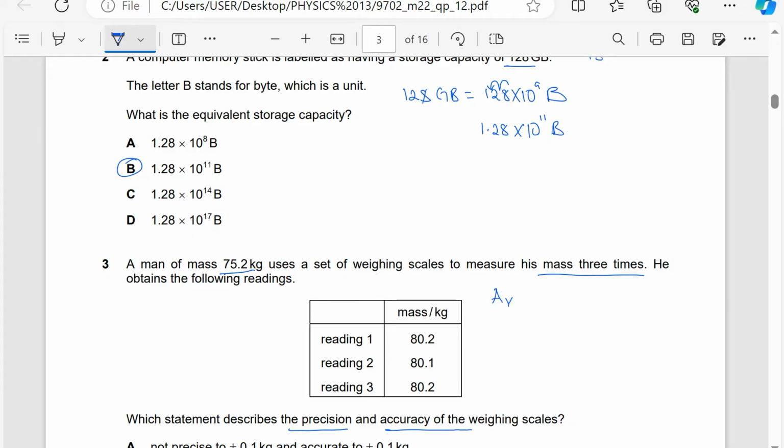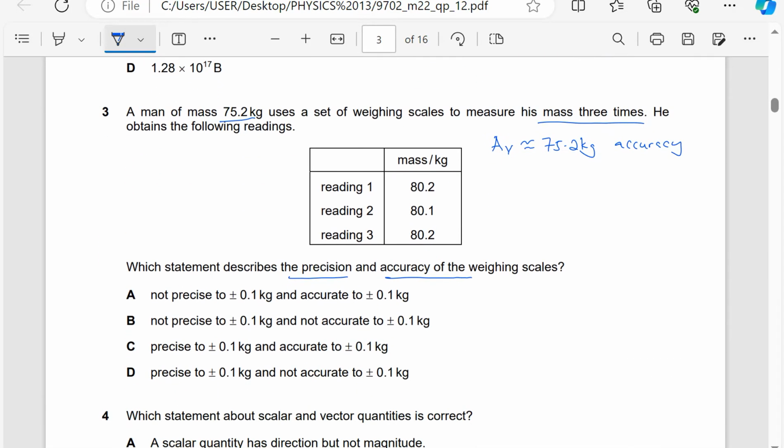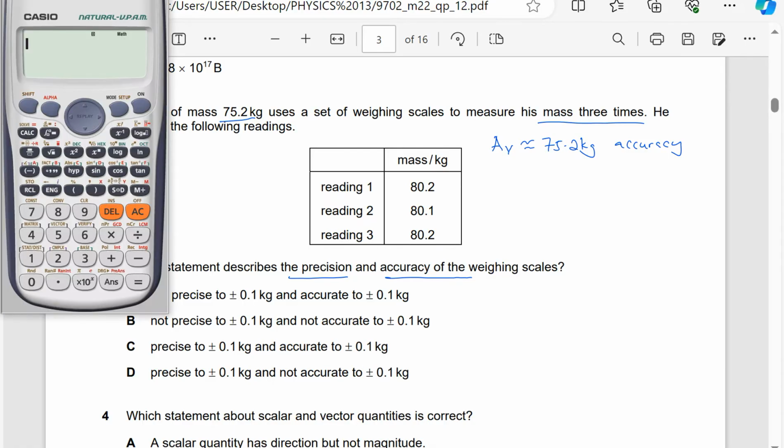For accuracy, the average of the readings should be very close to the true value of 75.2 kilograms. Let's check that. The average of 80.2, 80.1, and 80.2 cannot give us a value very close to 75.2.